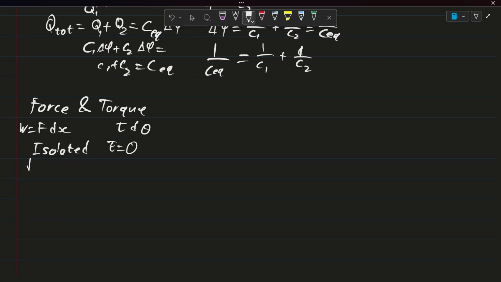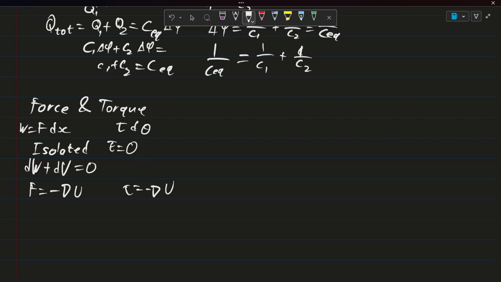So this would mean that the change of work plus the change of the potential energy must always be the same, which is zero. So therefore, this would obtain that your force is negative gradient U. Same thing for the tau. Tau is negative gradient U.